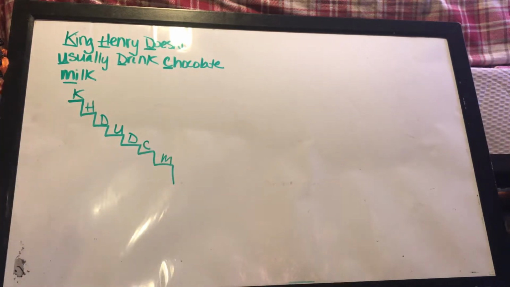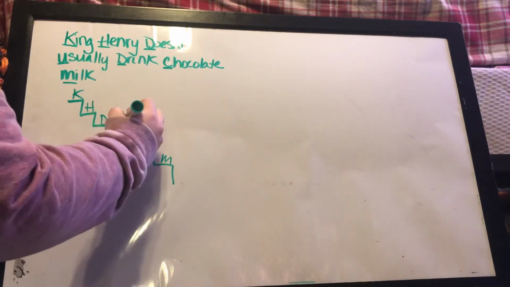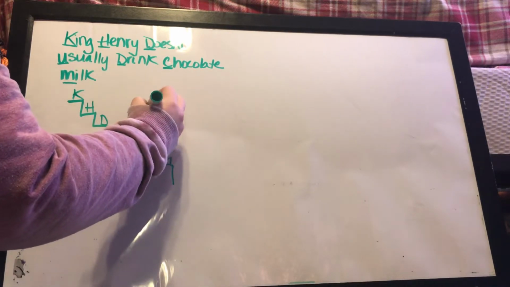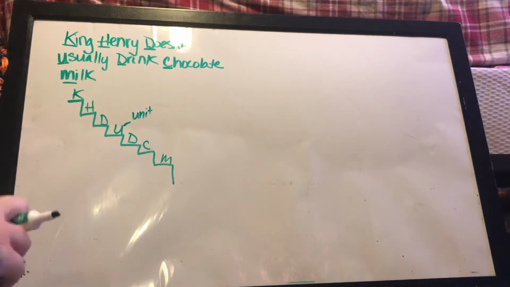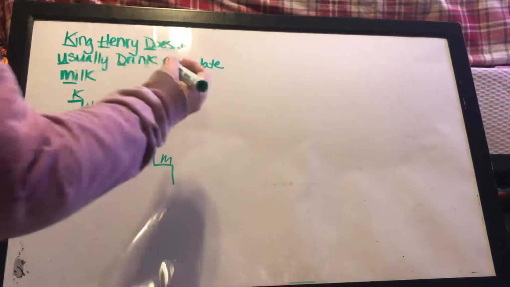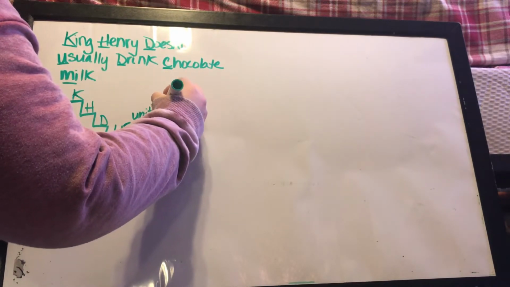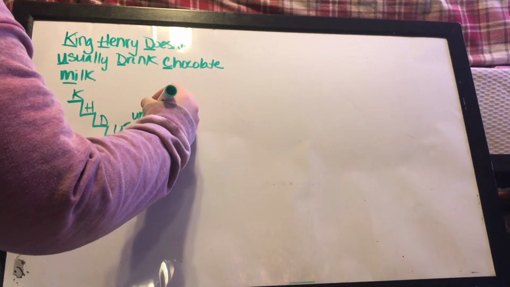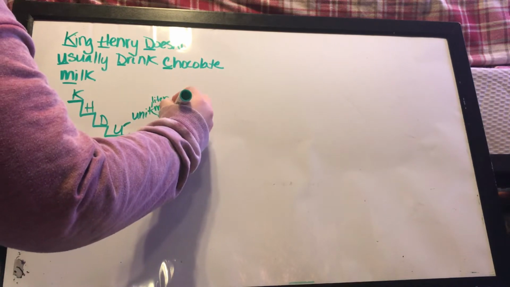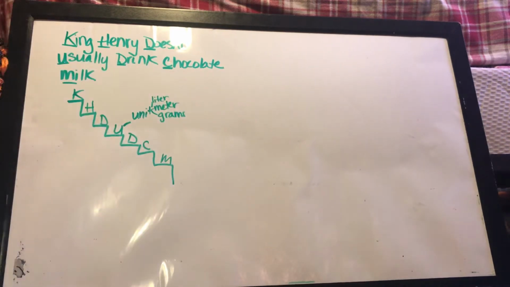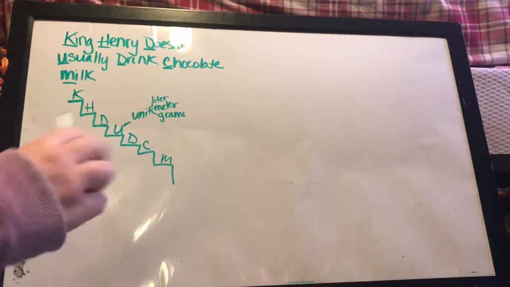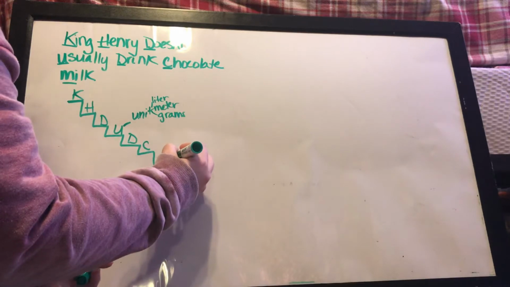And so remember that U stands for your unit. So we can use this for any of the 3 units that they use for the metric system, which would be liters, meters, or grams. Anytime that you have that M at the bottom, remember that that's your smallest unit.